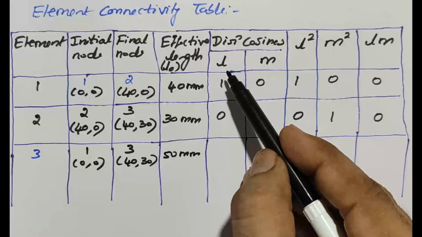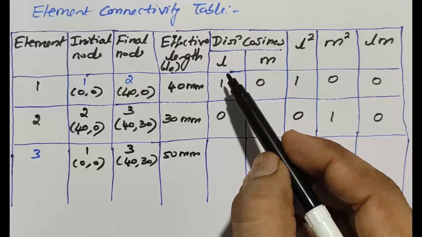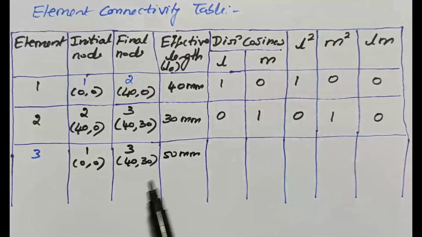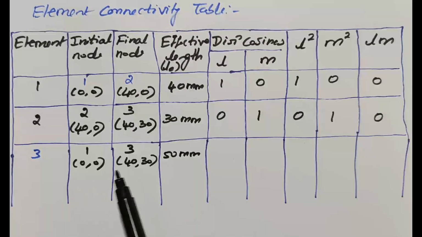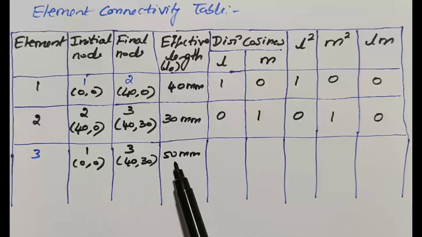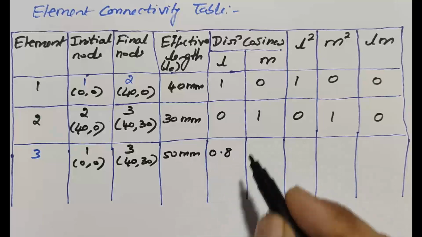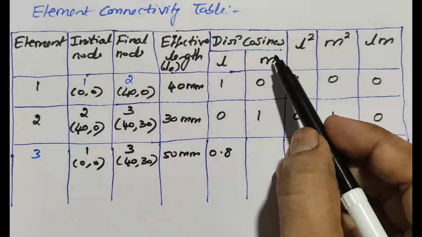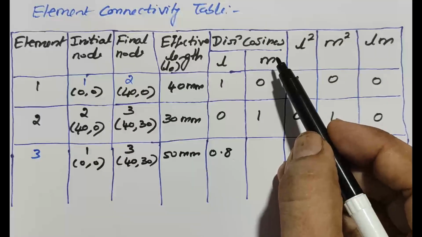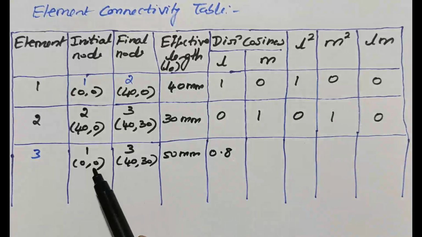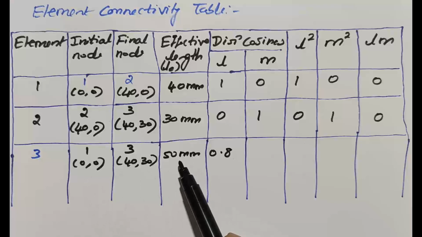So we want L. It is x2 minus x1 by effective length. x2 is 40, x1 is 0. So 40 minus 0 is 40, divided by 50. It will be equal to 0.8. Next we want M. M is y2 minus y1 by LE. y2 is 30, y1 is 0. 30 minus 0 is 30, divided by 50.